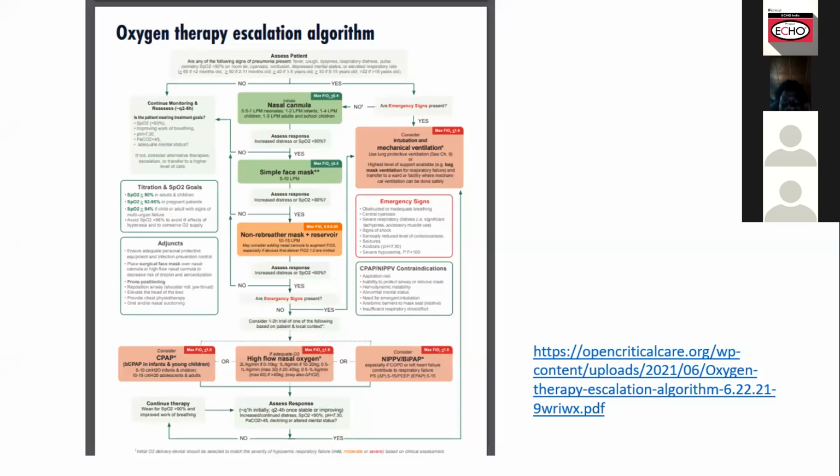So here you remember very well this algorithm. Really, we spent time on this one. Initially, before your escalation, you have to assess the patient. Remember, we said don't treat the number, just treat the patient.